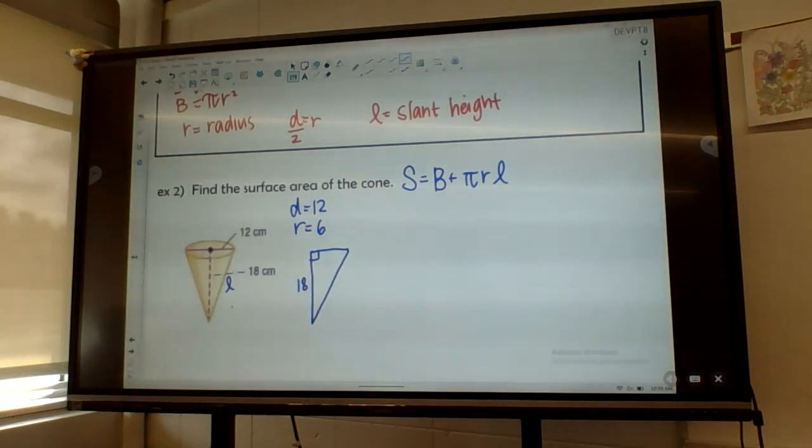Now remember, this little right triangle here, the whole way across is 12, so the halfway would be 6. So again, we'll find our slant height.